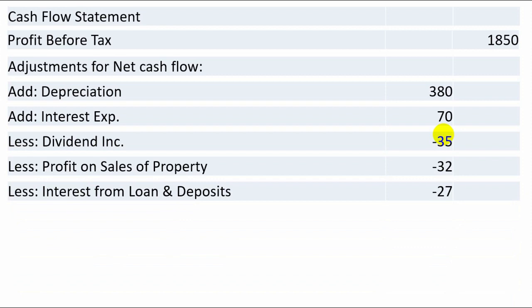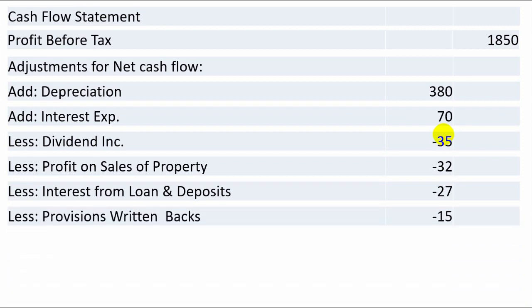Similarly, if the company has received any interest from loans and deposits that it has, then that also needs to be reduced because interest is a non-operating income. If the company has written back any provisions which it had made in the earlier years, then that also needs to be removed while calculating cash flow from operations.